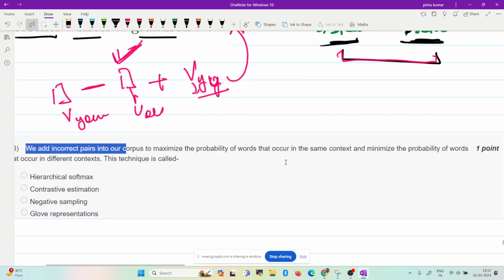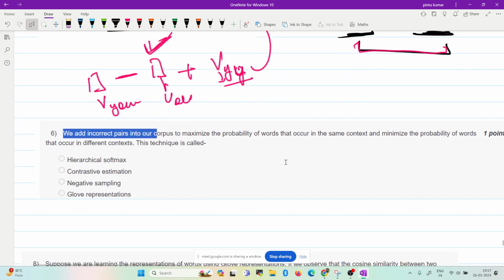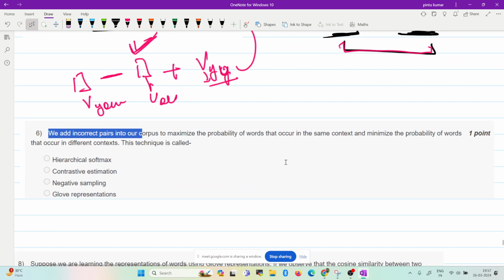Okay, so here is a question. We add incorrect pairs into our corpus to maximize the probability of words that occur in the same context and minimize the probability of words that occur in different contexts. What is this technique called?